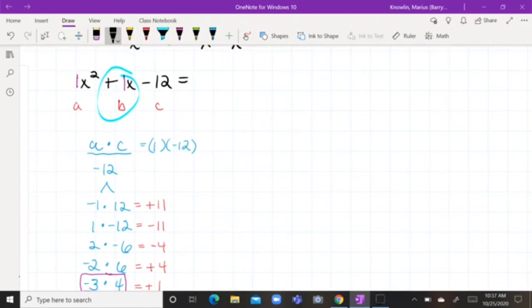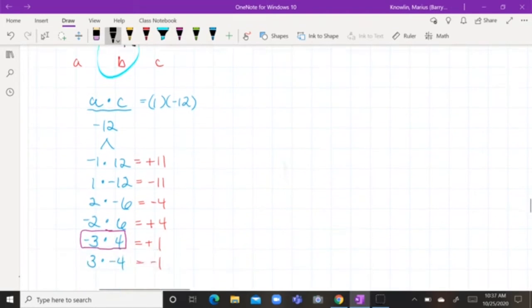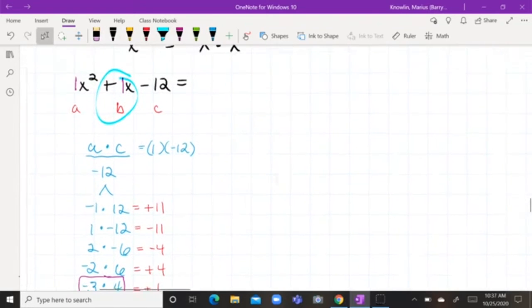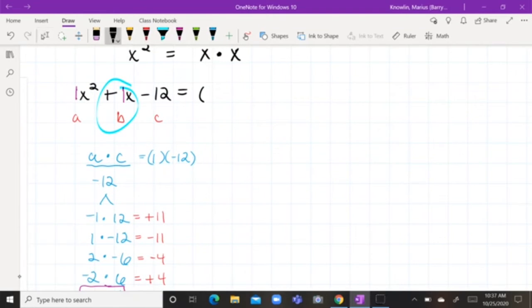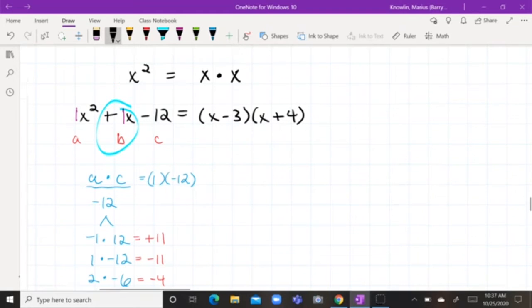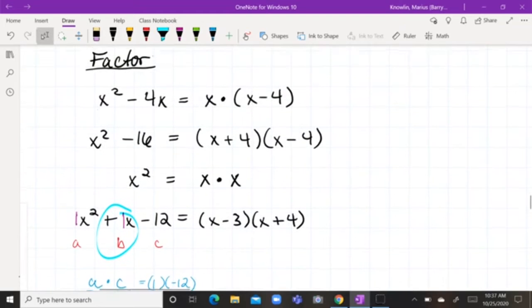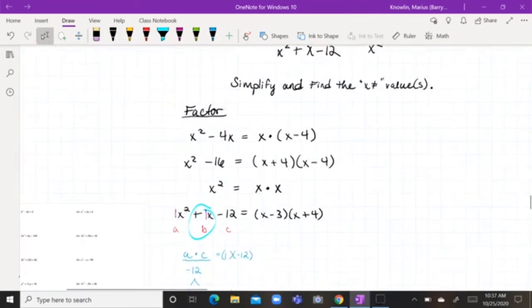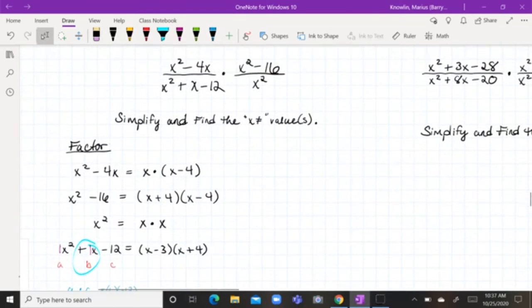So when we write our factors for this trinomial here, we're going to simply put x minus 3 times x plus 4. And now that we've factored everything, let's go back and look at our expression. We can rewrite our expression in the form of its factors.